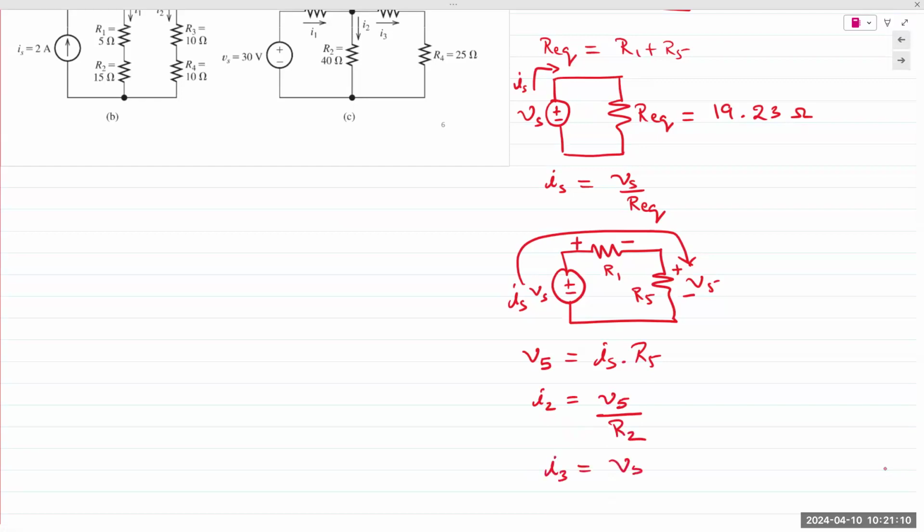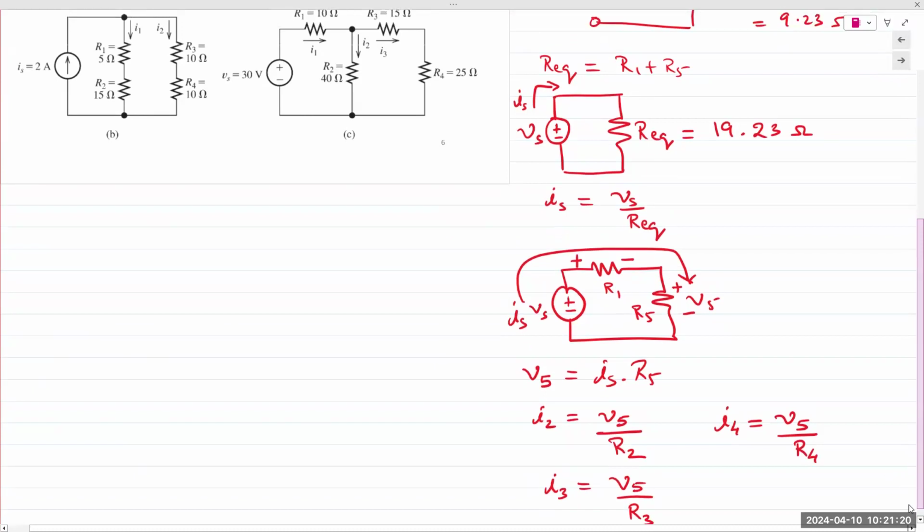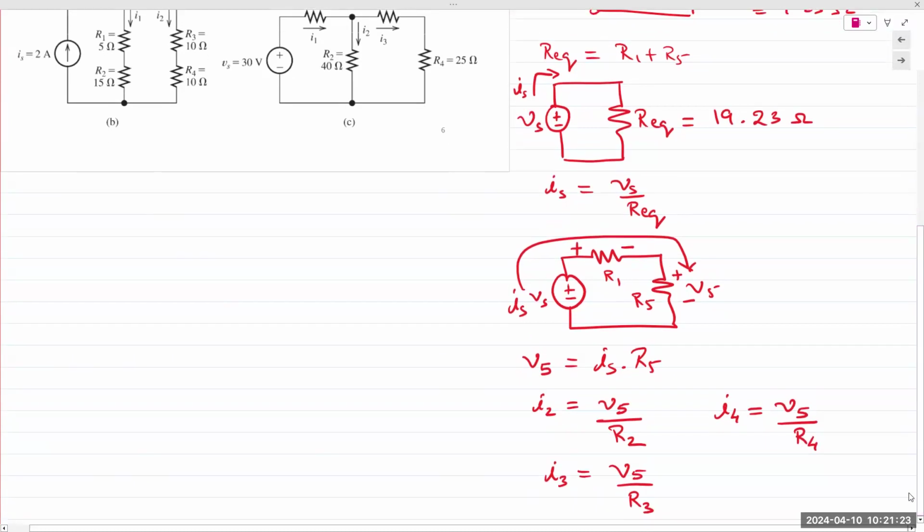I3 is V5 over R3. And I4 is also V5 over R4. Let's take 10 seconds. You think on that. Let me know if you have any questions.